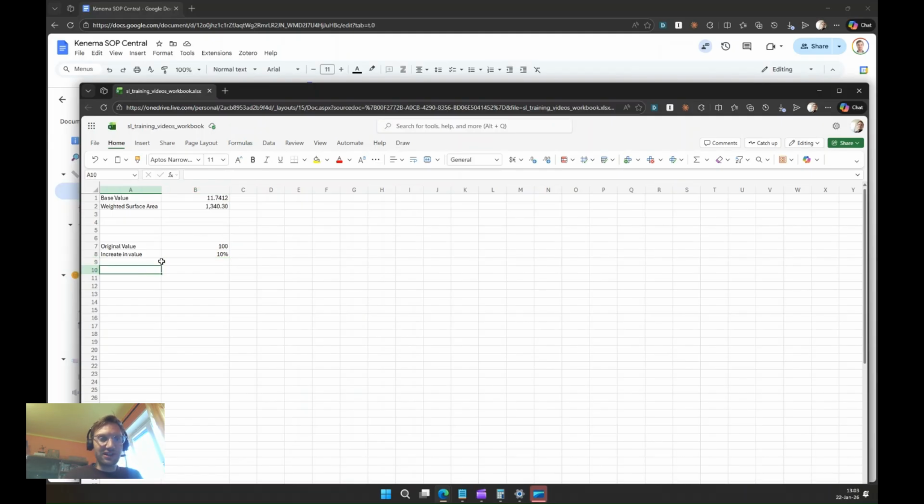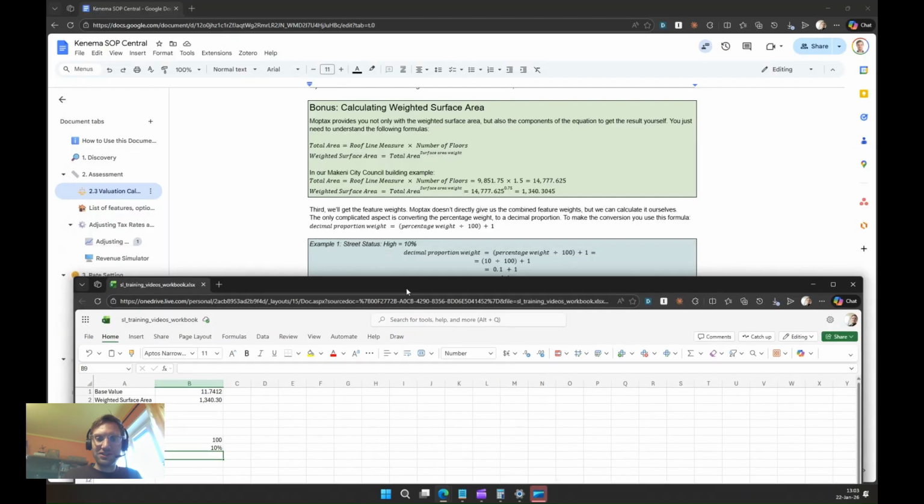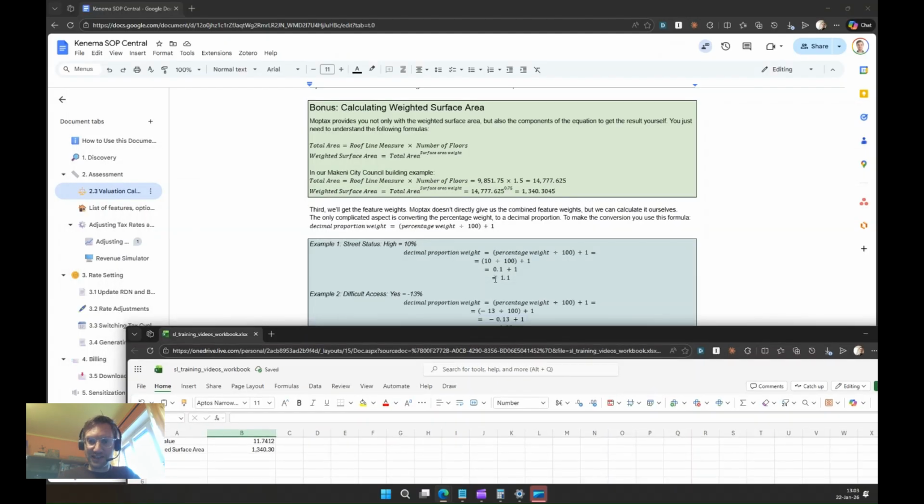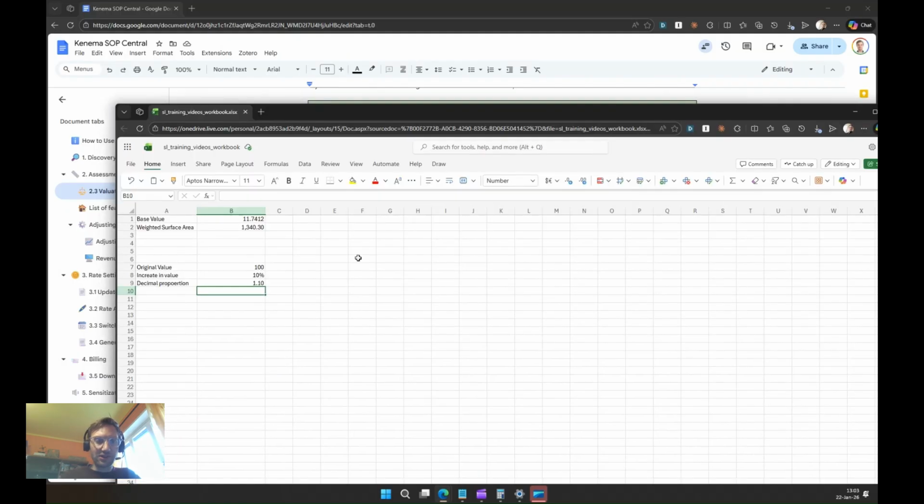So we need to figure out how much we multiply 100 by to increase its value by 10%. And what we use is the decimal proportion weight. So we're going to say it's 1.1 because that's what we calculated here. We got the decimal proportion of 1.1. So if we multiply the original value times the decimal proportion rate, we get 110.